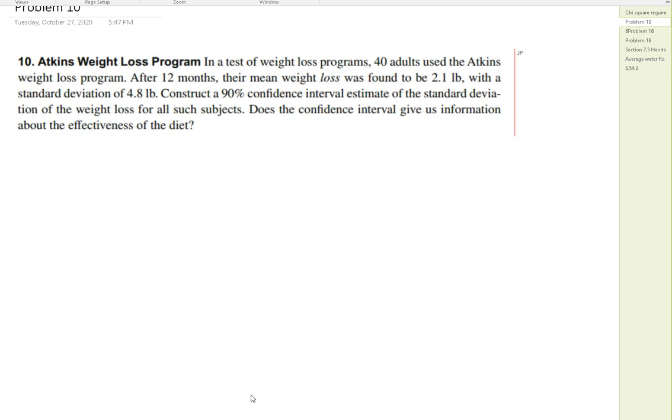Okay, let's do this. I'd be happier if at some point in this problem it said, assume the data come from a normally distributed population, which it should. Kind of a little bit surprised that it doesn't, but we have to make that assumption in order to do that test.